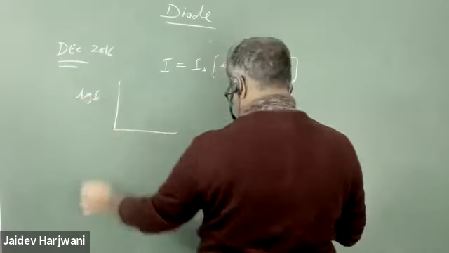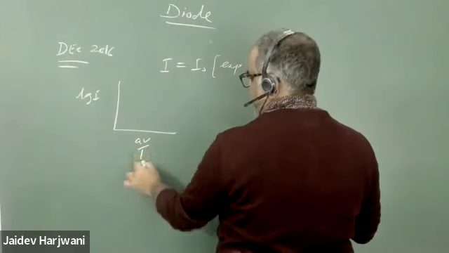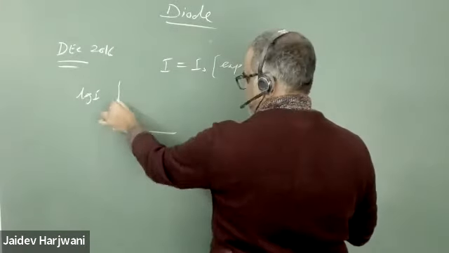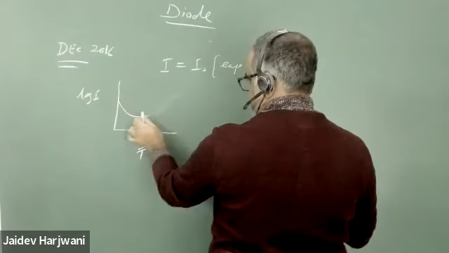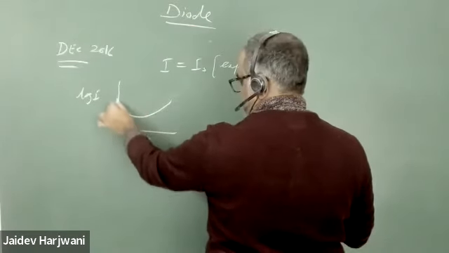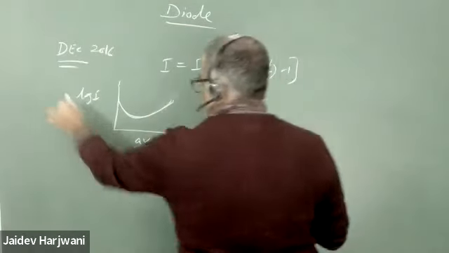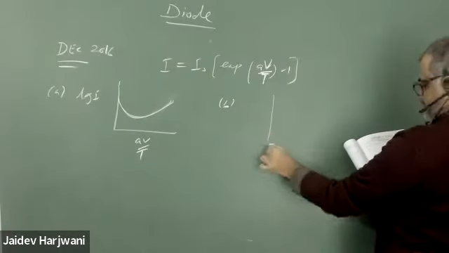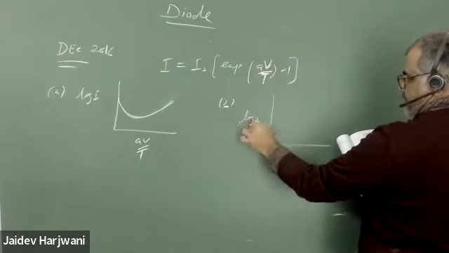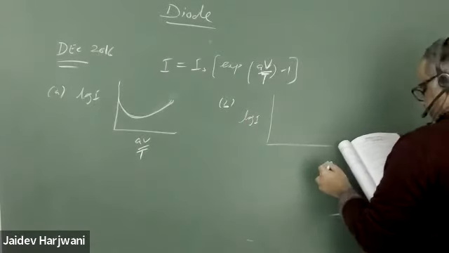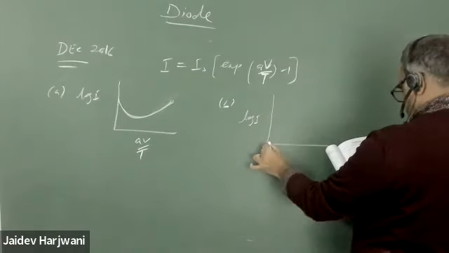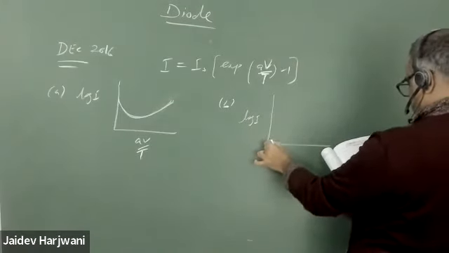Log I versus AV by T. They are assuming AV by T is x, and they have given graphs like this. Option A. Option B is log I, starting from 0 and becoming constant.